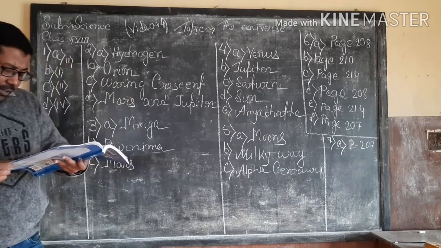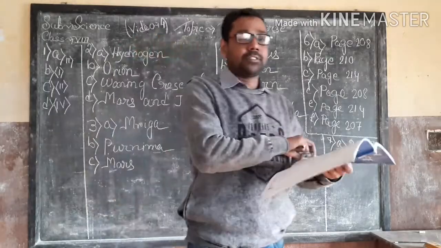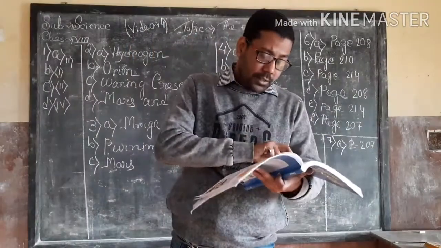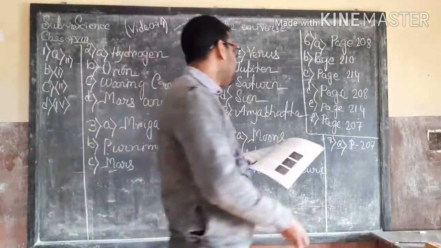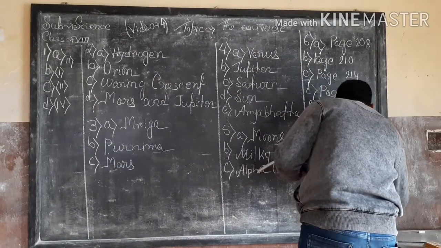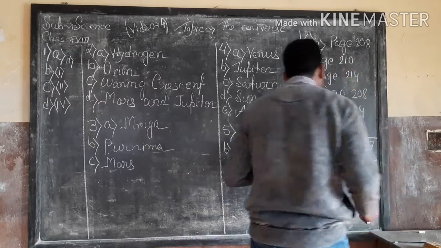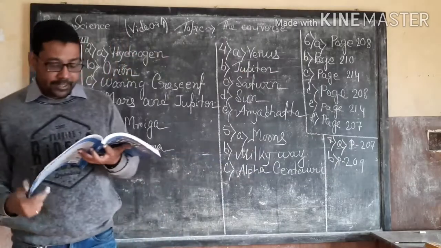How can you locate the pole star with the help of Ursa Major? This one is very important, and the answer to this question is present on page number 209, under the Ursa Major subheading.